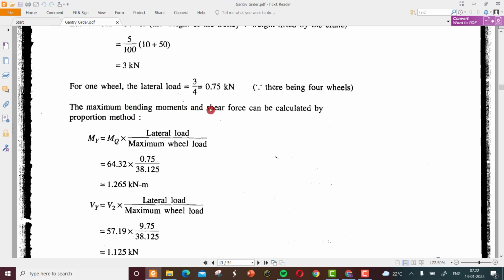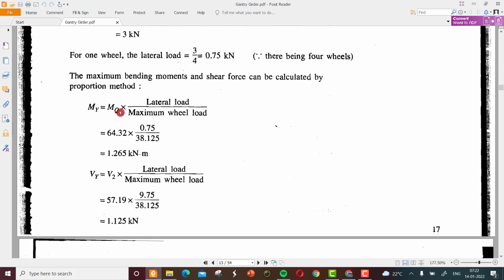The maximum bending moments and shear force can be calculated by the proportion method. M1 is equal to Mq into lateral load by maximum wheel load. We have the lateral load as 0.75. The maximum wheel load we found initially as 38.125, without the 10% extra for impact.